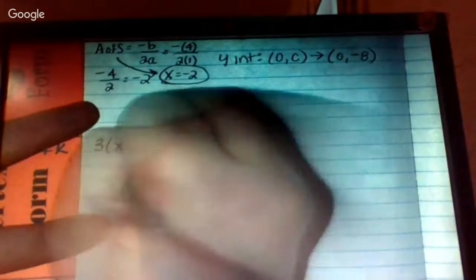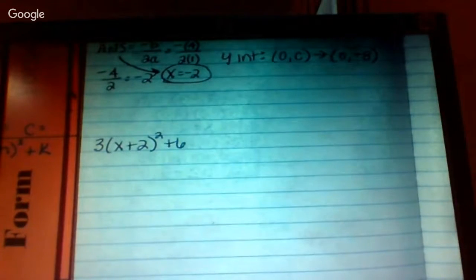Okay. When you have it in vertex form, I need you to identify 2 things. So let's do 3 times x plus 2 squared plus 6. This is your vertex form of a quadratic.